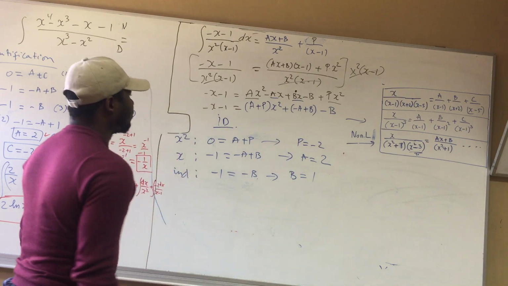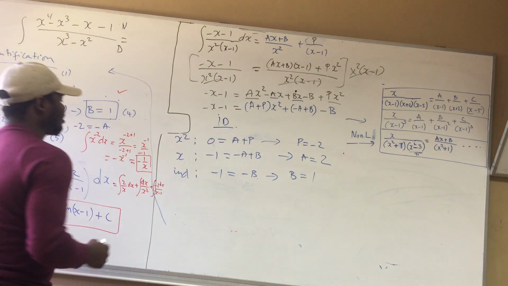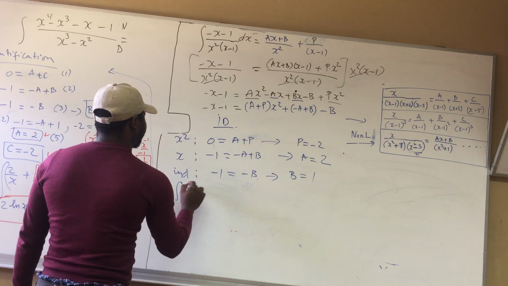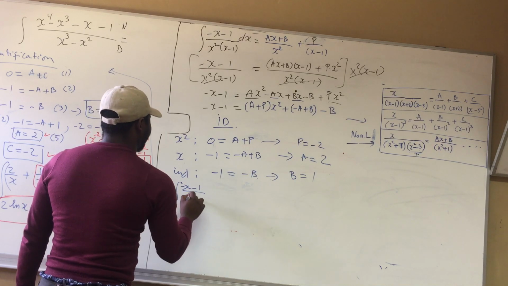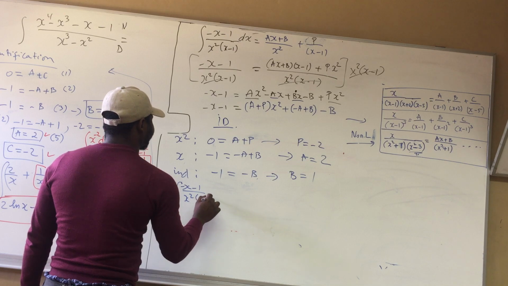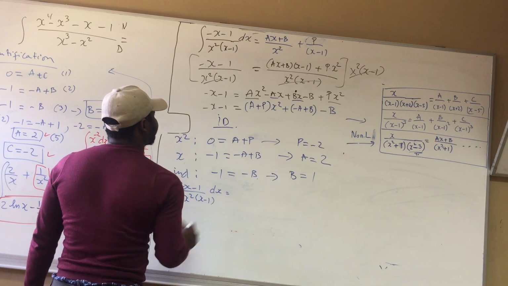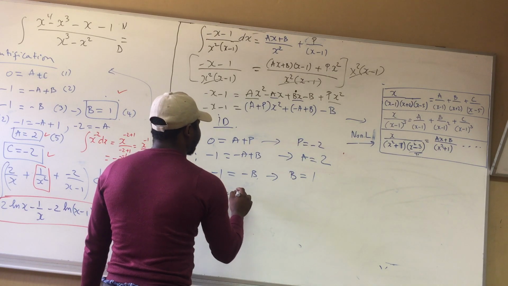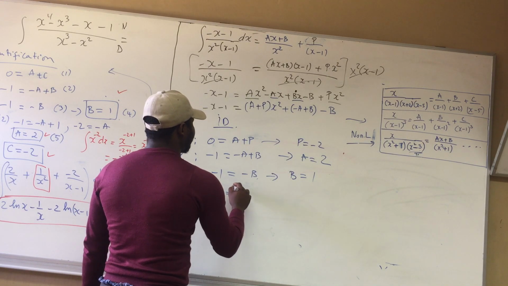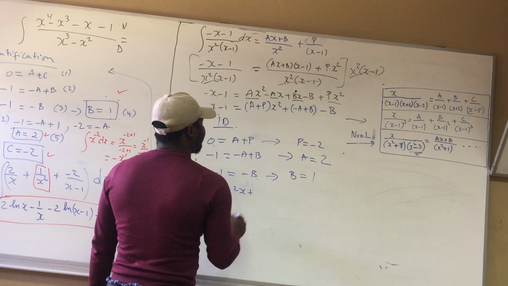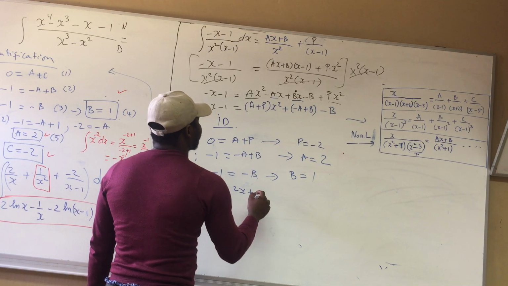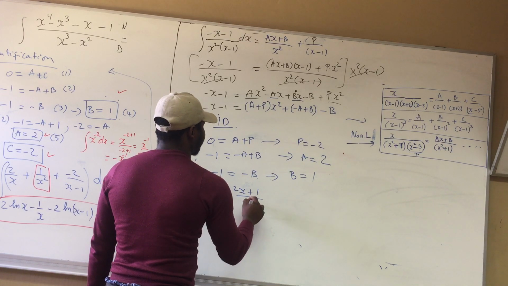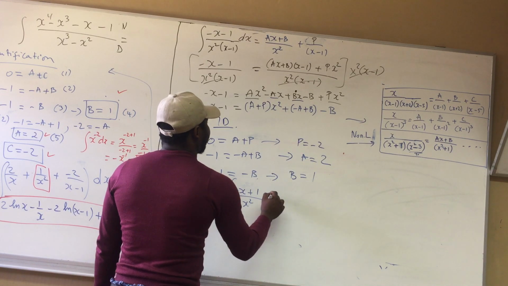Alright? Now, let's put it back to the equation. Are we going to get the same answer? I'm having ax, A is 2. It's going to be 2x + b. What is your b? Your b is 1, divided by x squared, plus p.